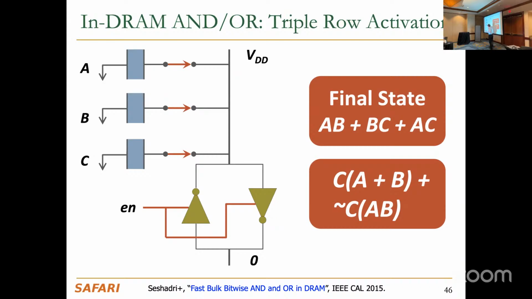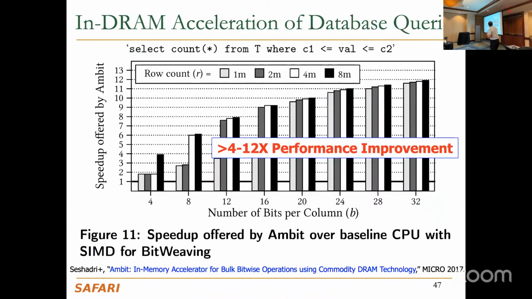Whenever you activate one row, you get the inverted value on the other end of the sense amplifier by connecting it to the same subarray. This is a little bit hard to do. It is actually expensive in DRAM chips, as later papers also showed. But I'm going to show you some results that you can actually get this function already in existing DRAM chips.